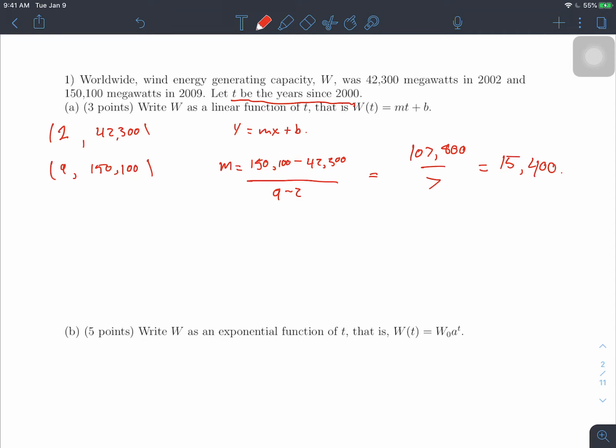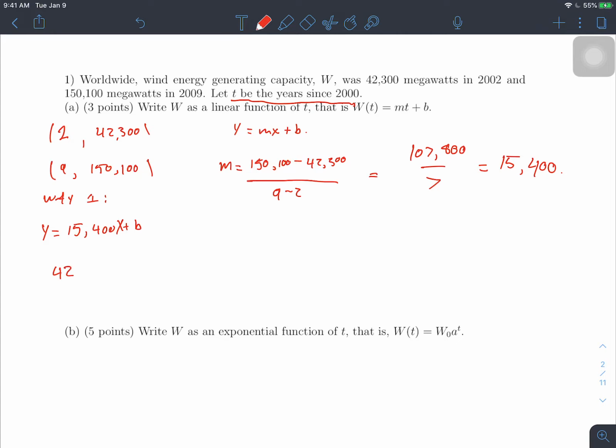And now we could go one of two ways. We could try to plug one of these points into the equation y equals 15,400 x plus b. So this is way number 1. Then we would plug in one of these points. So we'll do the first point.